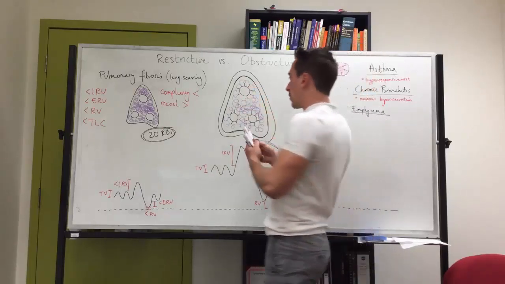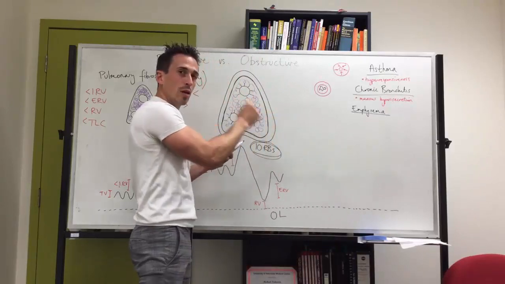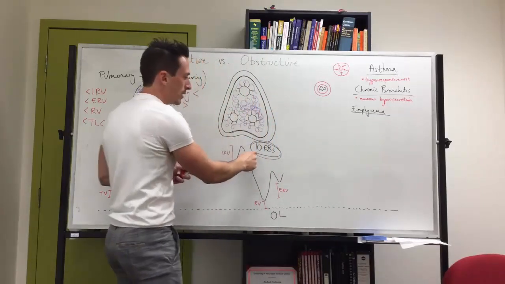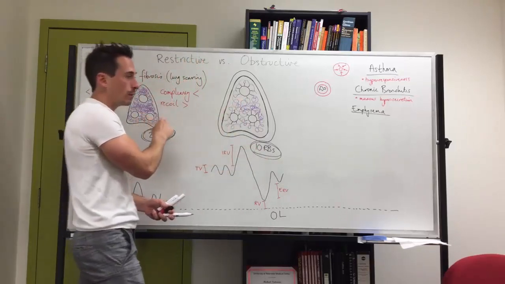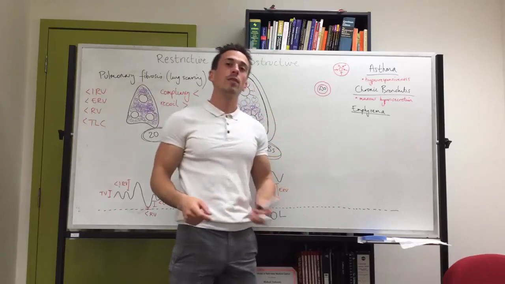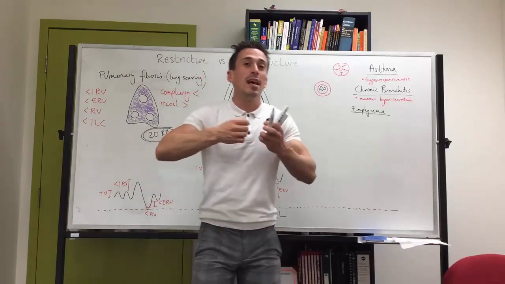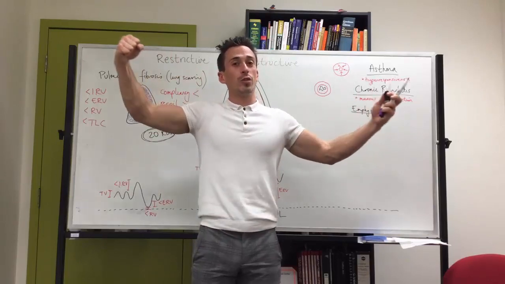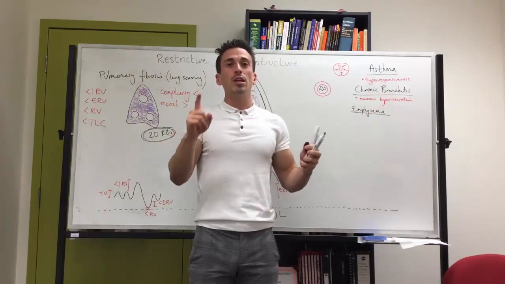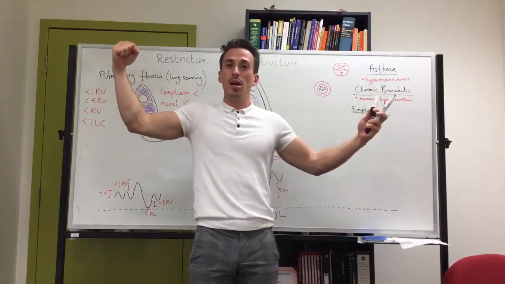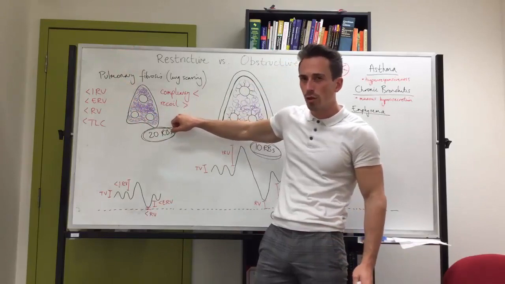So what does that mean if I were to draw it up? If you were to remove some of this elastic tissue, think about what that means. Remember I said 10 elastic bands here, 20 elastic bands for restrictive. With obstructive, you can think of it as though there's only 5 elastic bands. That means it's a lot easier to stretch open, but the recoil isn't as great. So that means you have a high compliance, but a poor elastic recoil, which is pretty much the opposite of the restrictive.